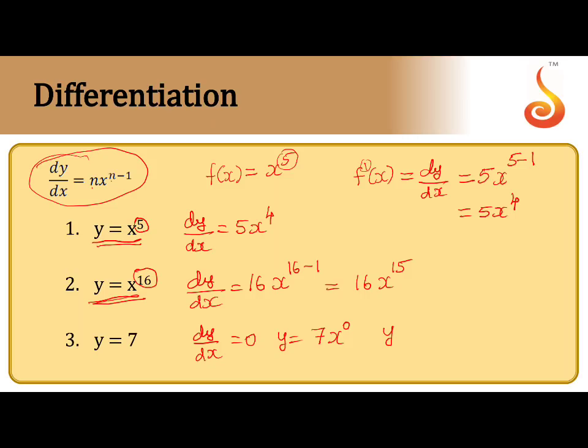Therefore, I can write dy by dx equal to 7 into 0 into x power 0 minus 1. 0 into anything will be equal to 0. dy by dx is 0. So understand, if the value of y is a constant, dy by dx is equal to 0.